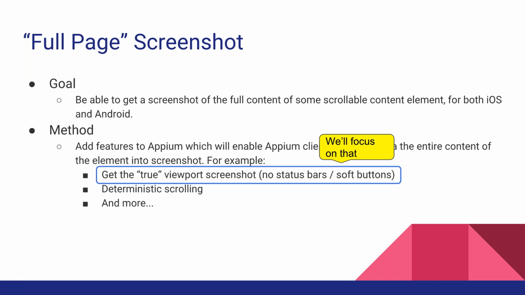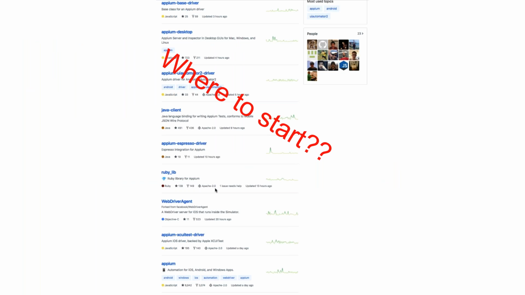We'll focus mostly on the viewport screenshot, but not just that. We'll focus on several other things as well. Okay, so the main problem that we had originally when we wanted to add code to Appium was understanding where do we start, because Appium is not a single repository. It's an app.